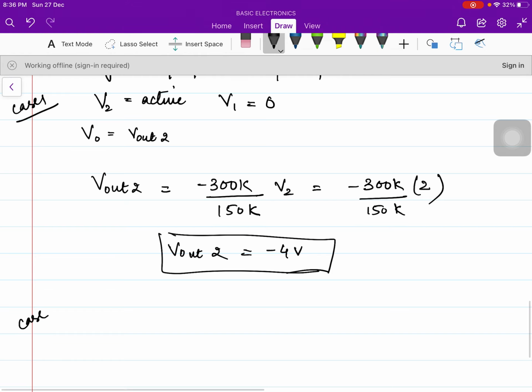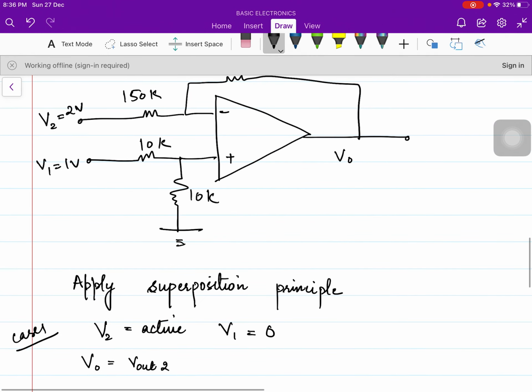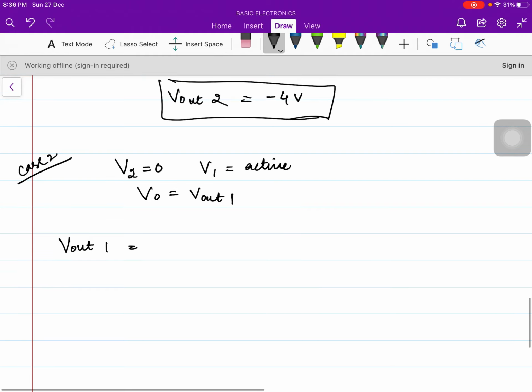Mark it. Now the second case will be, this time V2 will be 0 and V1 will be active, and the output will be V out 1. Look at the circuit carefully, it will become a non-inverting configuration, but the voltage included in the formula, instead of the input voltage, will be Vx.